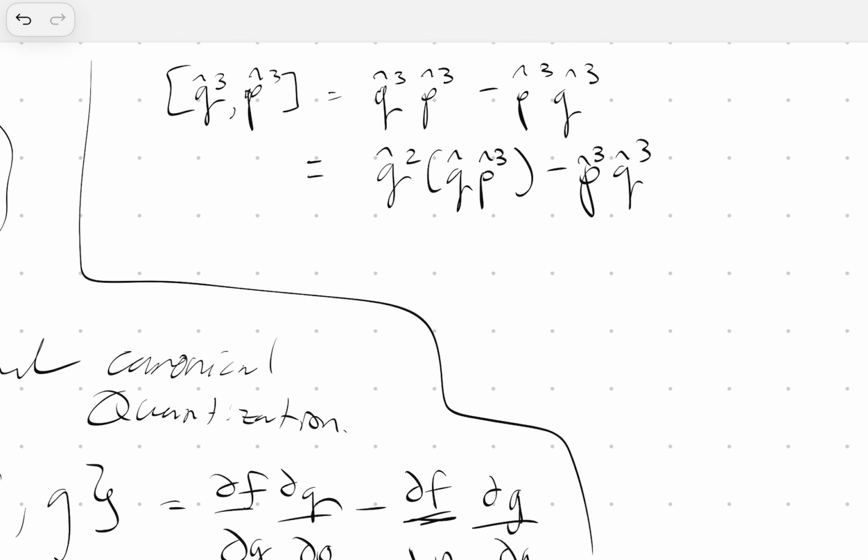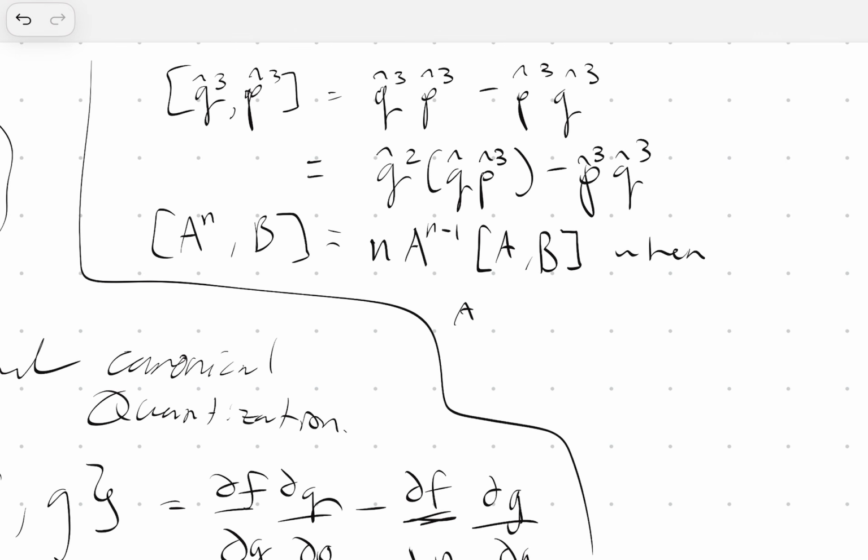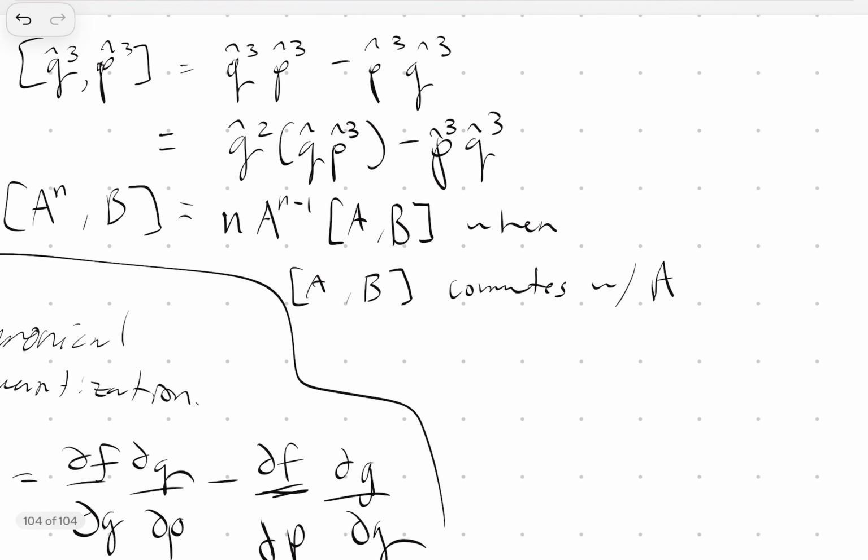And what we could do is take advantage of a formula systematically: if we were to do the nth commutation with A, this should give us n times A to the n minus 1 times the commutator, when the commutator of A and B commutes with A. We would use that, but this is not a scalar.